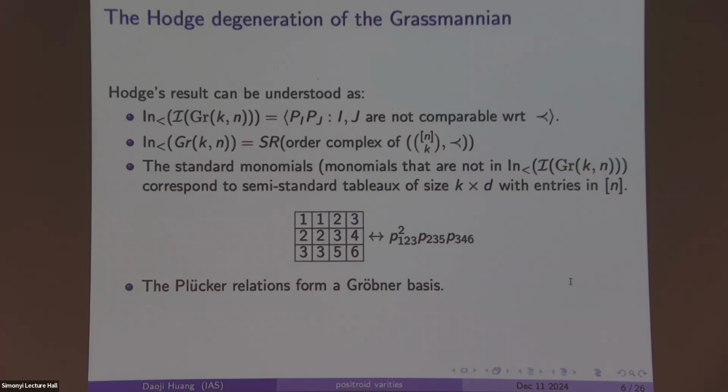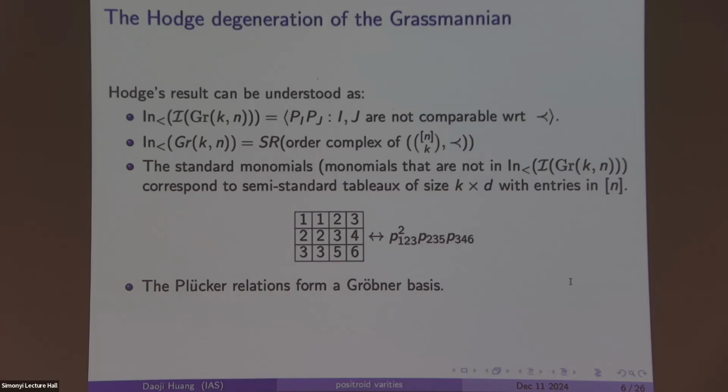And under the Stanley-Reisner correspondence, the simplicial complex of this monomial ideal is the order complex of the poset, Young's lattice, from the empty element to the top element. So the second bullet point follows directly from the first. And the standard monomials, meaning the monomials that do not lie in the initial ideal, are products of Plucker variables that can be totally ordered.